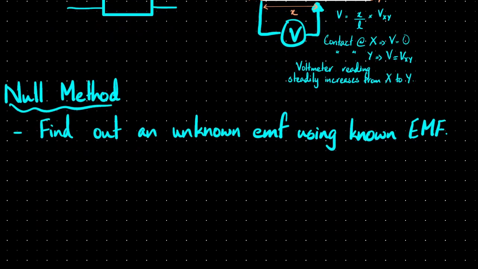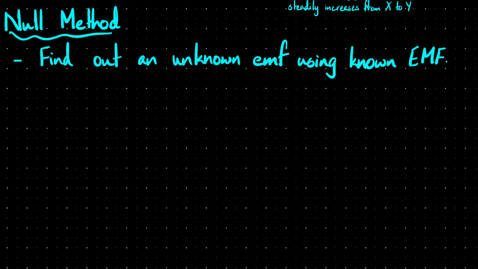So what we do in that case is that we have a circuit diagram like this. So the circuit diagram looks something like this. So this is some known EMF. Some books might also refer to this as a driver EMF. Again, it means the same thing.